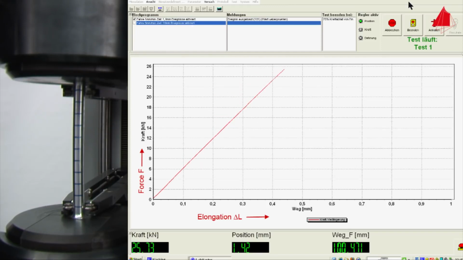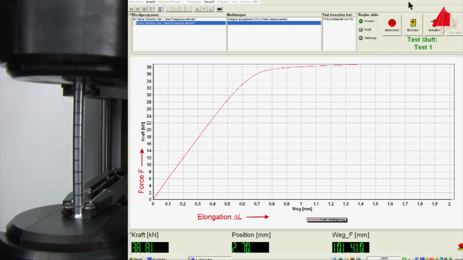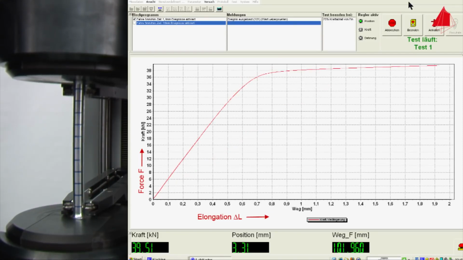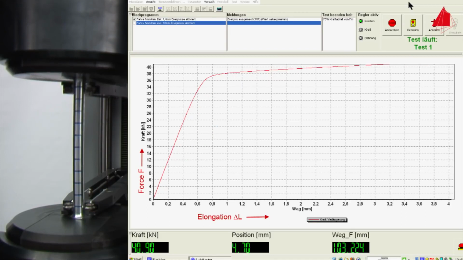But this time, the end of the elastic area is not revealed by a sudden drop of force or any distinct change. There is a smooth and gradual transition from linear elastic behaviour to plastic deformation.